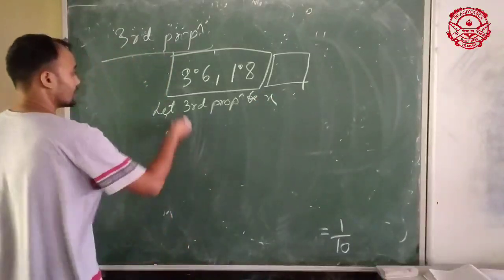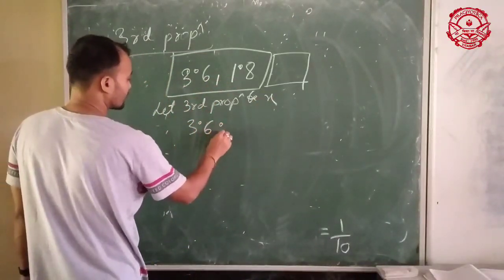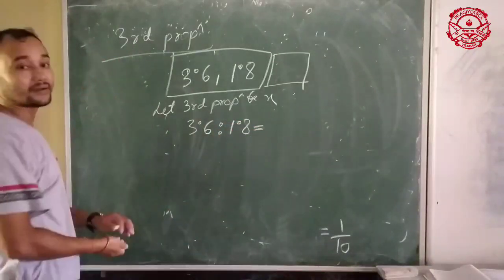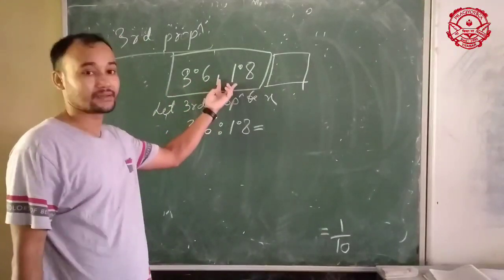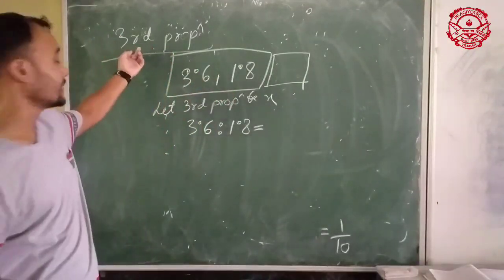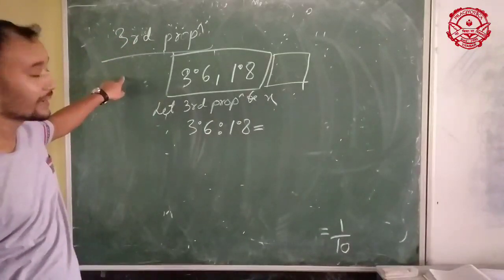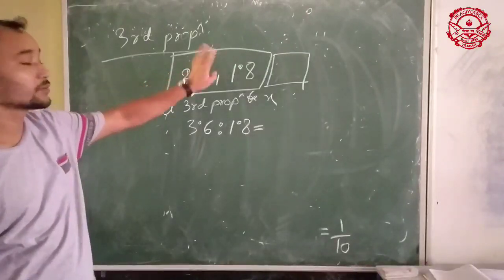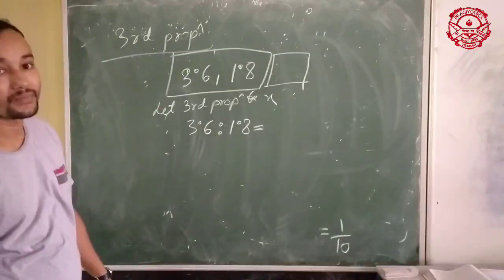Now arrange this: 3.6 is to 1.8. In terms of proportion, we always have 4 terms. Here there are only 2 terms. If the question is of mean proportion, then we will directly write b squared equal to 3.6 into 1.8. But this question is asking the third proportion.